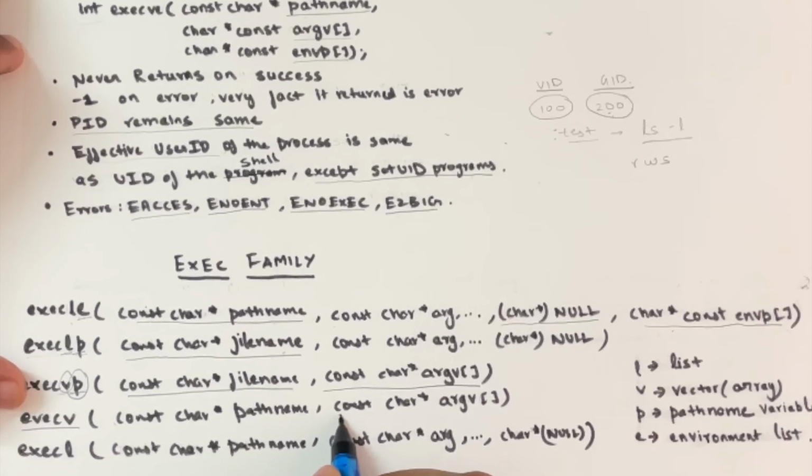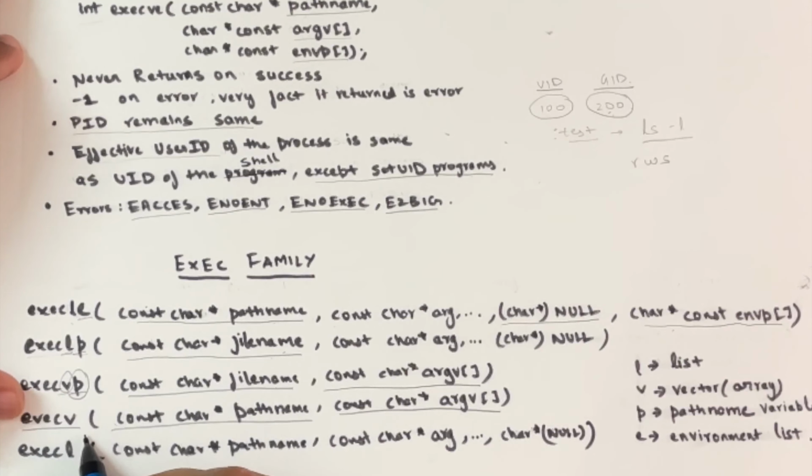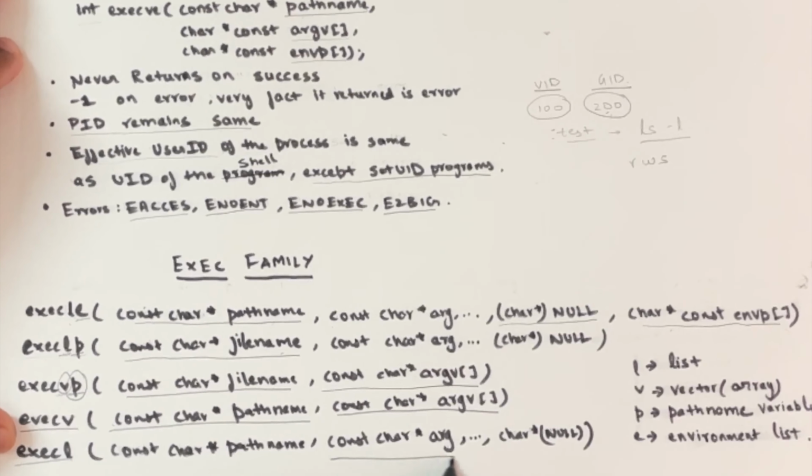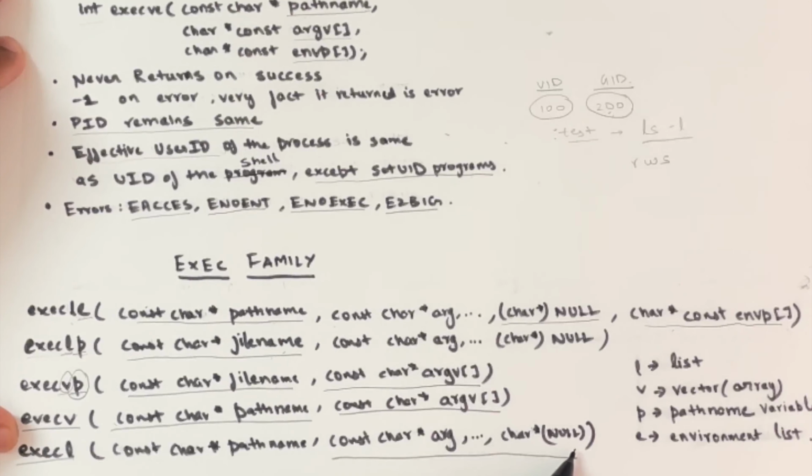Execve also provides the argument inside the vector, and path name is needed because the file would not be searched in the path name variable. Execle, we can give arguments as list of strings with null terminated string at the end, and the first argument as the absolute path name because path name variable searching is not available.